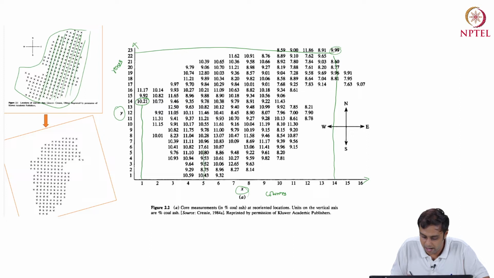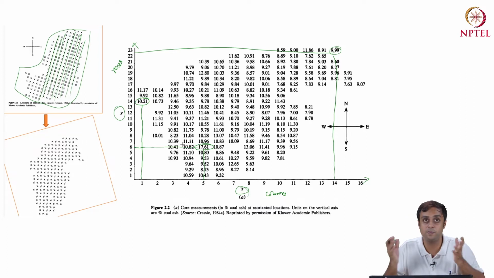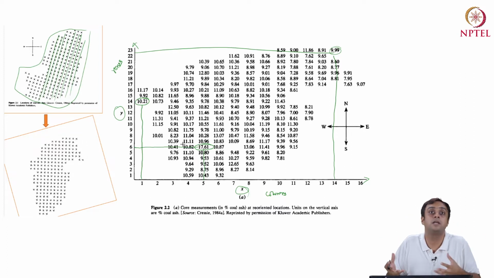In column 5 and row 6, you have this value 17.61, which is a quite high level of percentage coal ash, especially if you look at the samples around this particular location, right? If you go one step north of this location, you have 10.96, east is 10.87, south is 10.8, and west is 10.82.